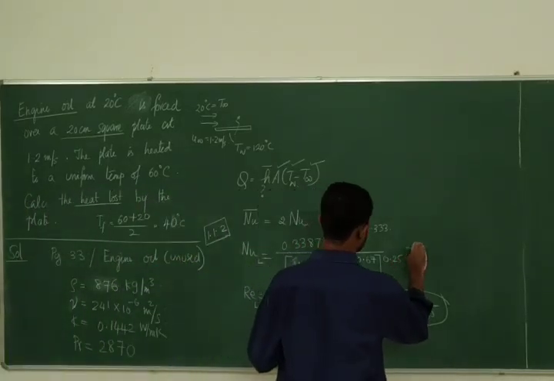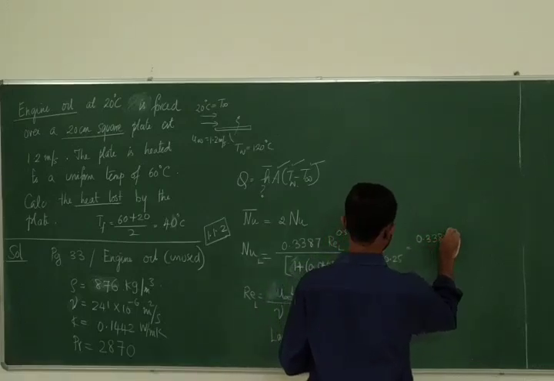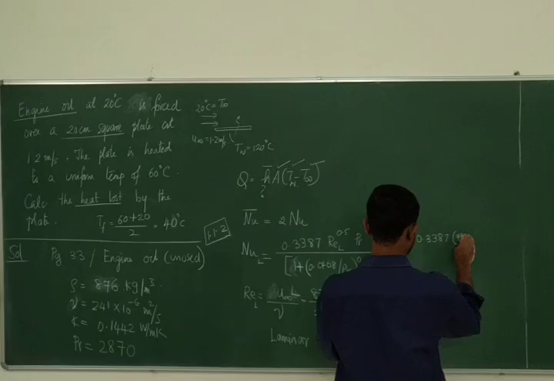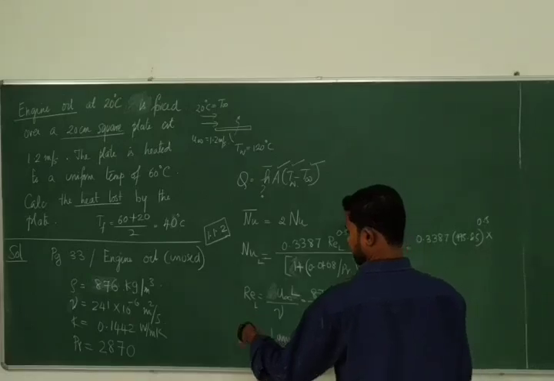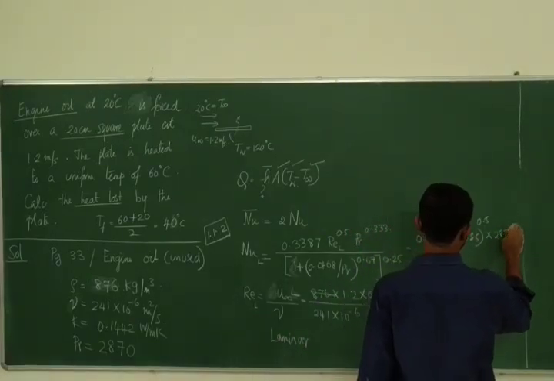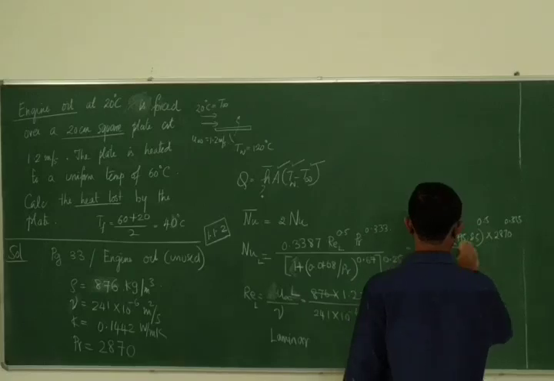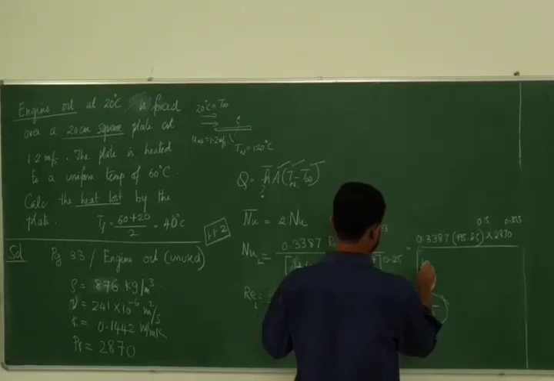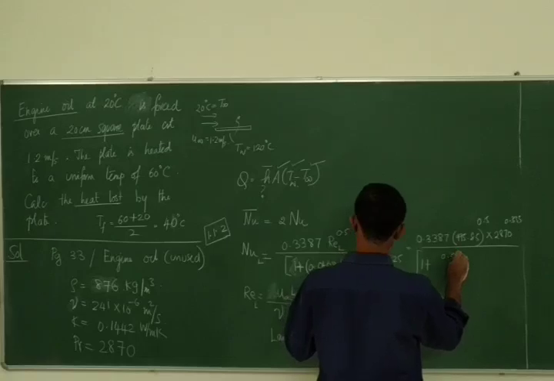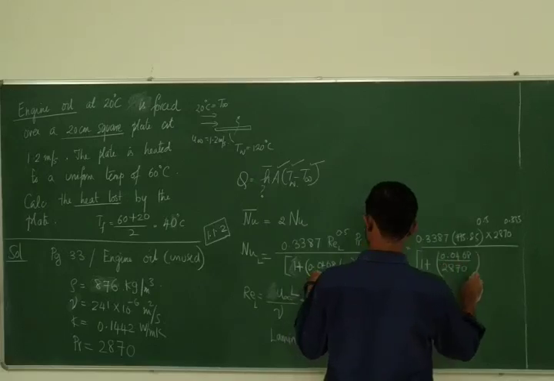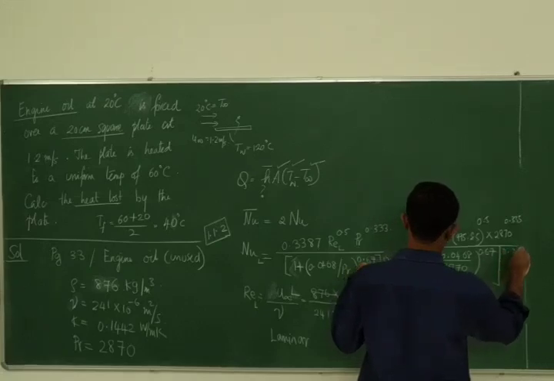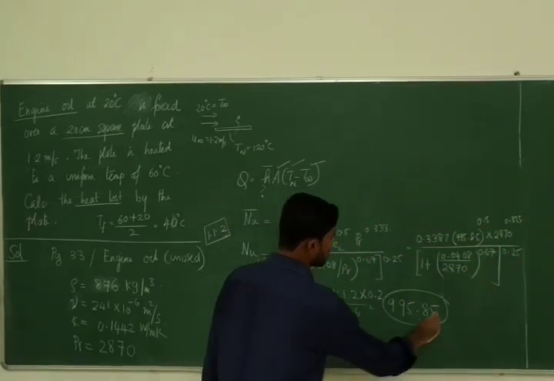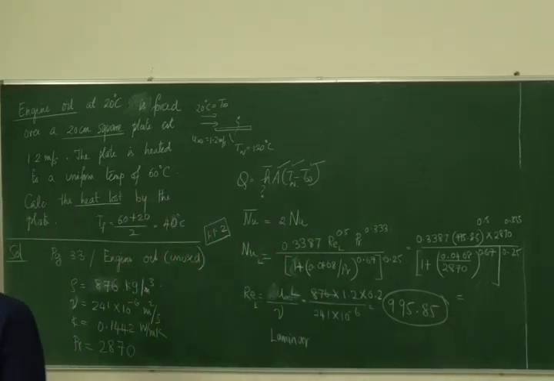So we just have to substitute 0.3387 into 995.85 to the 0.5 into 2870 to the 0.333 divided by 1 plus 0.0468 by 2870, this raised to the power of 0.67, and 1 plus that whole raised to the power of 0.25. If you do this, you get the Nusselt number based on length.